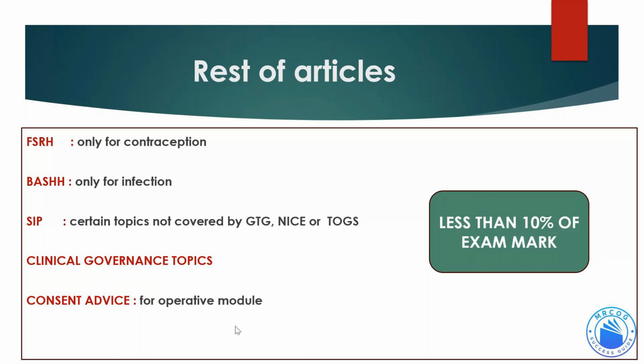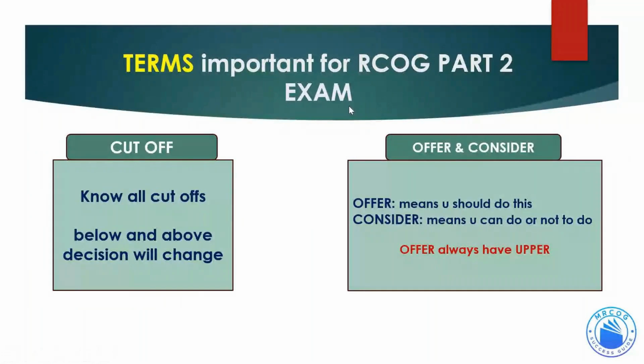And all these topics will come in the exam for less than 10% of the exam mark. So it's not that important, and it's not a wise decision to spend much time on these topics and not cover all the topics of the Green Top and NICE and TOG article. Please concentrate well on this point.